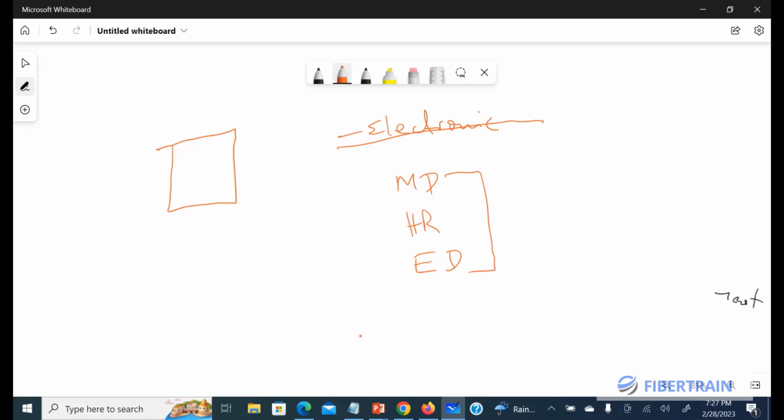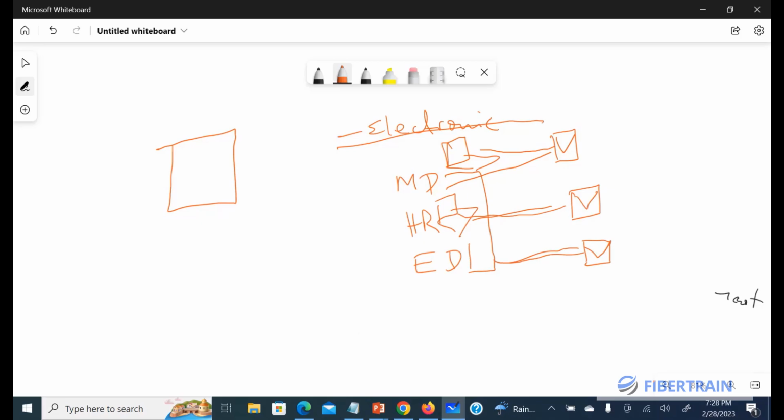I've actually been to a company where the MD was given a printer, connected to the MD's system with a USB cable. The HR was also given a printer, connected to the HR system with a USB cord as well. The ED has his own printer, also connected to the ED's PC.